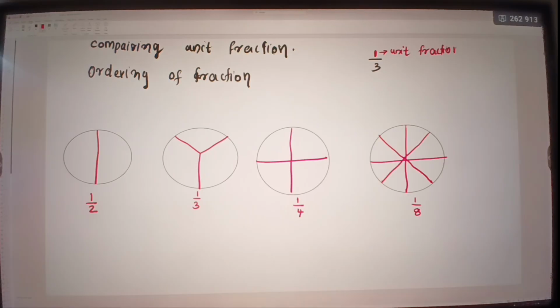When the numerator is 1, only one part is selected, and we call it a unit fraction.